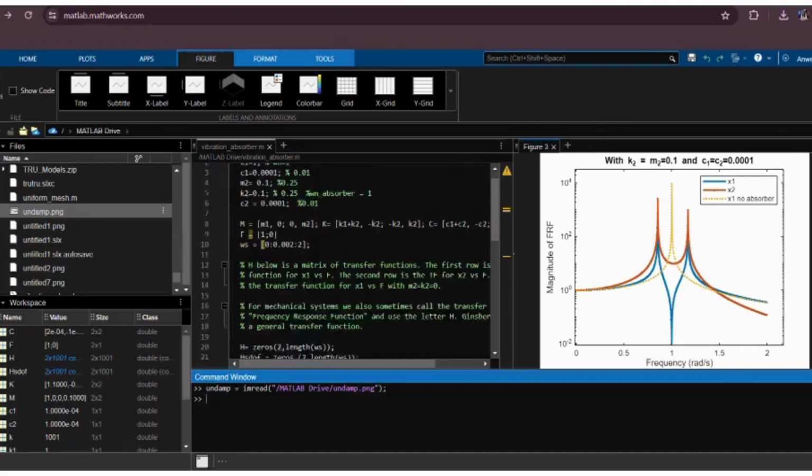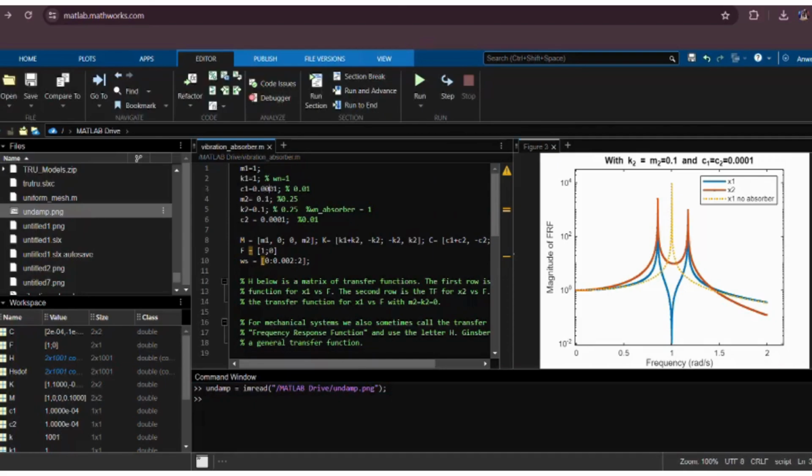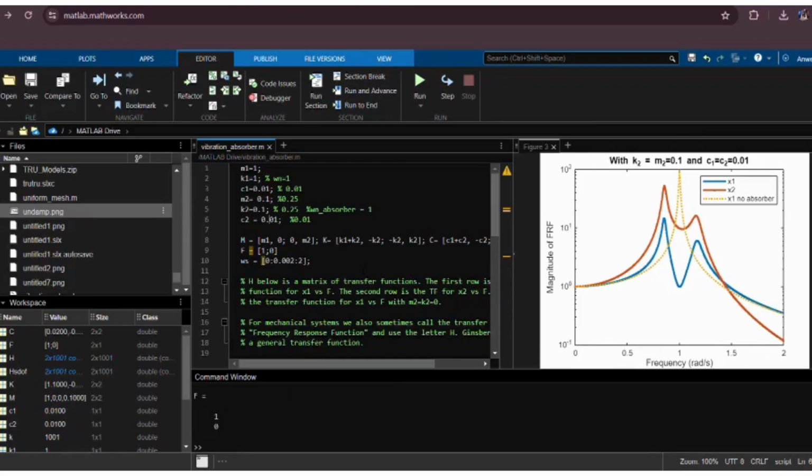Now if we change the damping value to 100 times larger than the present value, we can see that adding the damping lowers the height of these peaks for both the resonance and anti-resonance cases.